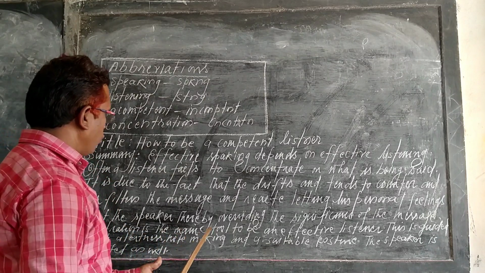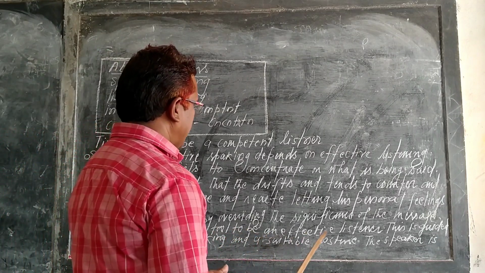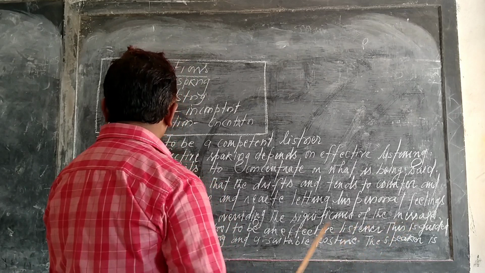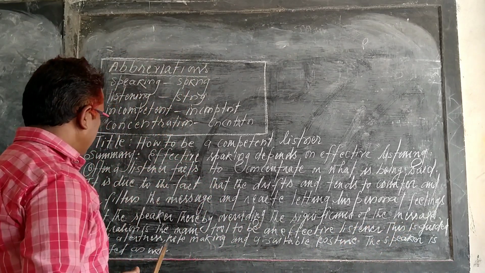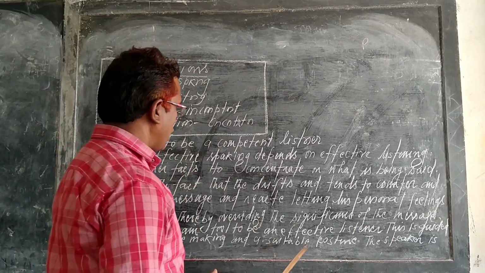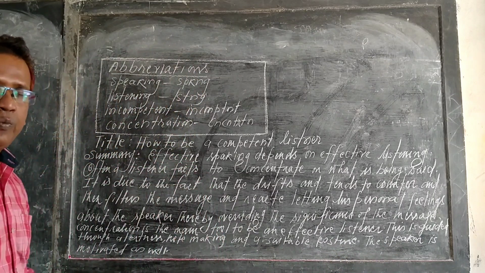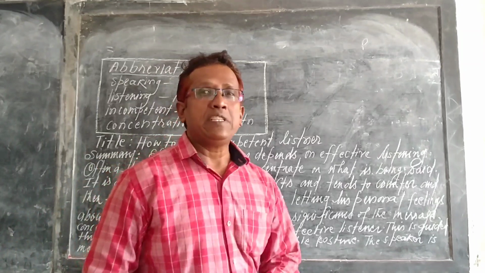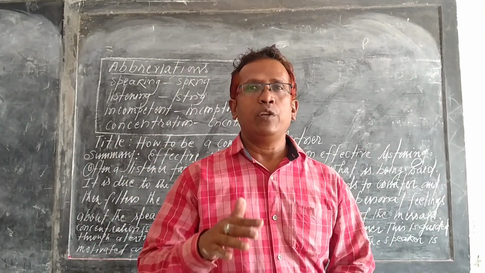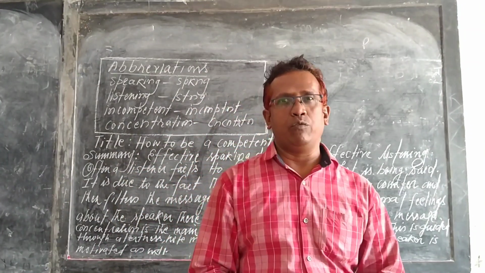Concentration is the main tool to be an effective listener. This is guided through alertness, note making and a suitable posture. The speaker is motivated as well. So this is the whole process of making a note.